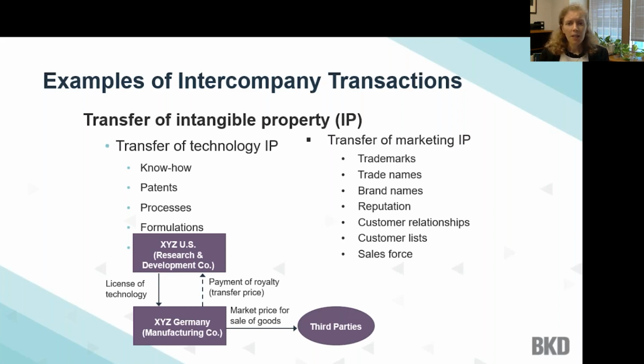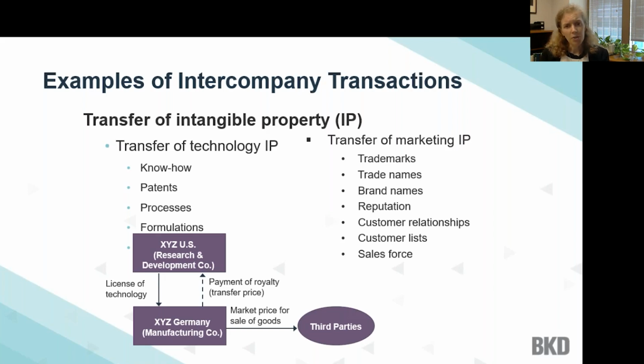So, when we're thinking about IP, again, the entity that's owning the IP is the one that's paying for all the DEMPI functions. And ideally, your economic ownership should match your legal ownership.